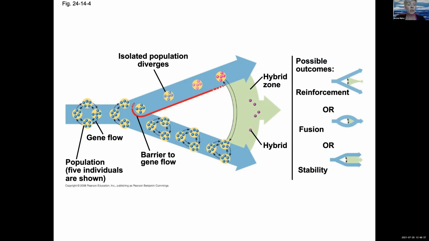Now, suppose that gene flow to one of those populations stops, right? So we see this red line, this barrier to gene flow. These other populations are still mixing with one another, but again, say there's an earthquake, volcano, or landslide, or change in sea level, and this population now has no mixing with the others.